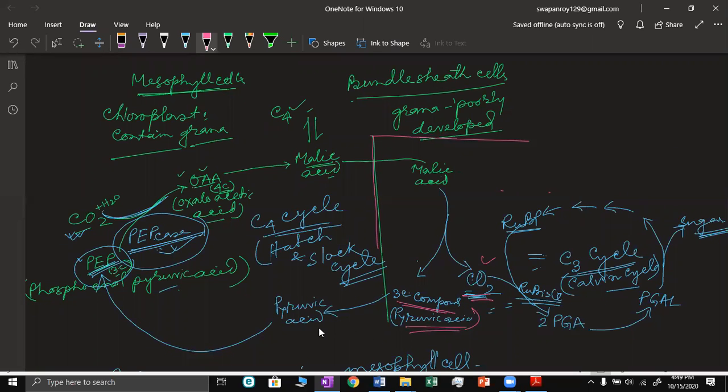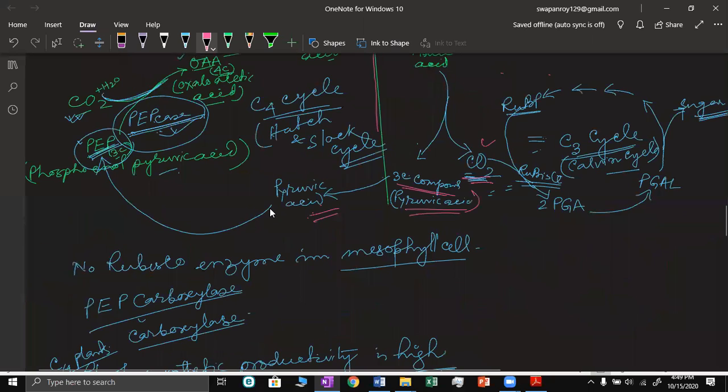This pyruvic acid comes back to the mesophyll cell and is converted into phosphoenol pyruvic acid.